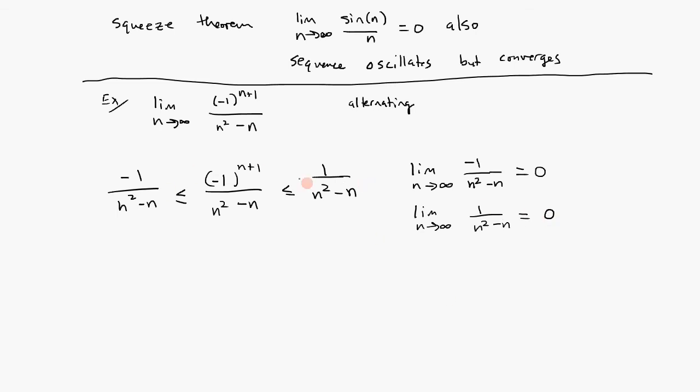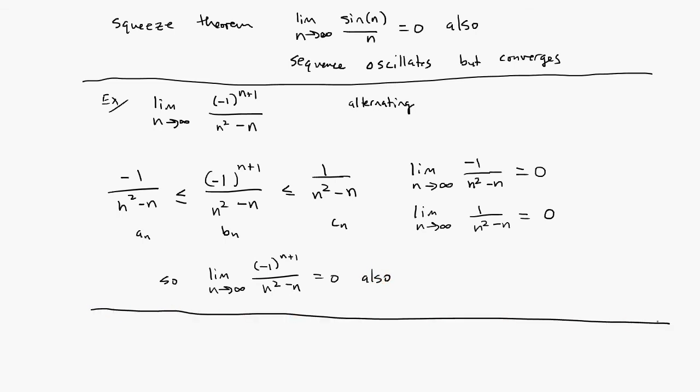So again, both the outside limits are 0, so the middle one has to be 0 also. So this is an example of an alternating sequence that converges.